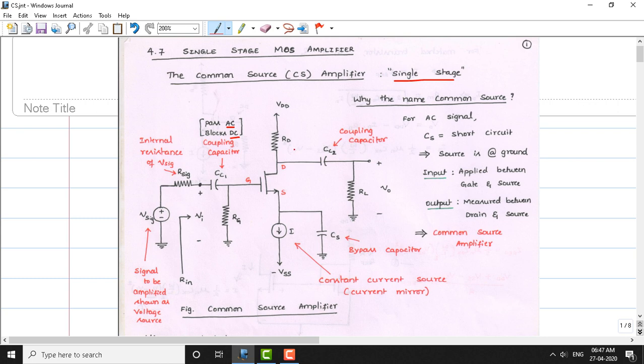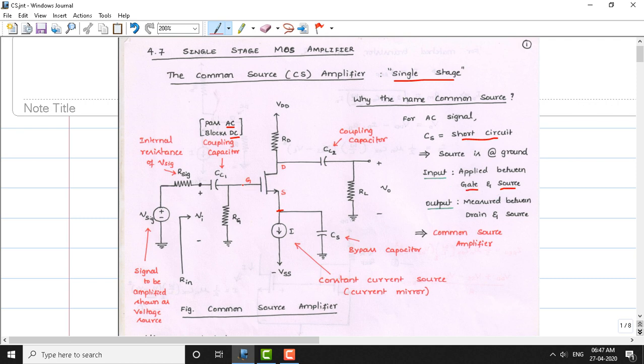The reason it is called a common source amplifier is that for the AC signal, this point becomes ground, because the capacitor will be a short circuit. This capacitor is called the bypass capacitor, and it will be a short circuit for the AC signal, so now the source will be at the ground terminal. Since CS acts like a short circuit for the AC signal, the input is applied between the gate and source.